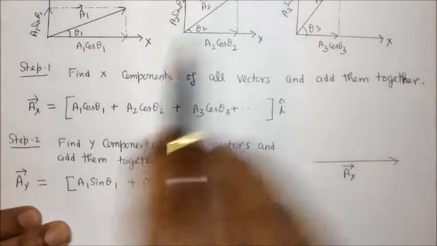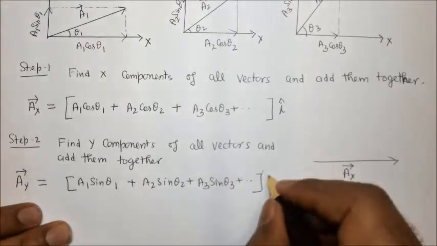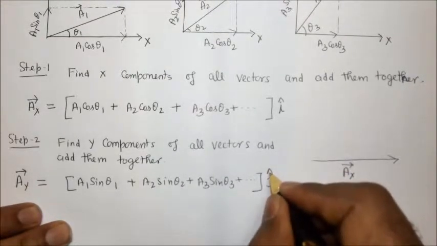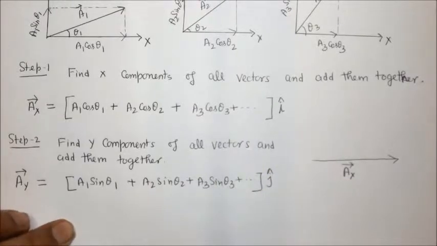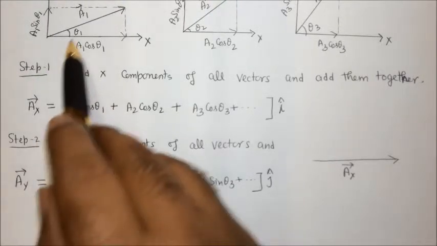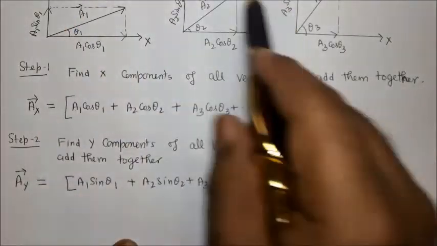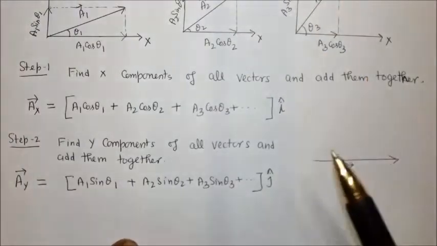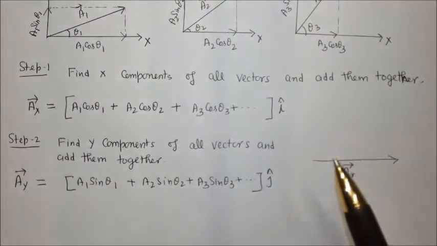And this whole sum works along the y-axis, so I can write j cap. J cap is the unit vector along the y-axis. So what you did, you have simplified all these complicated vectors into two simple vectors.